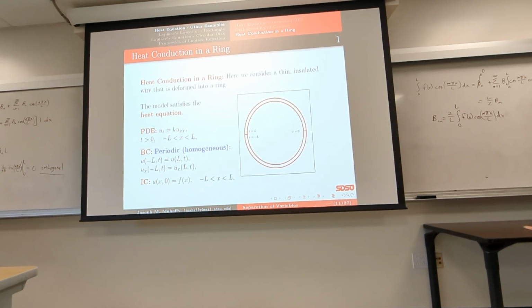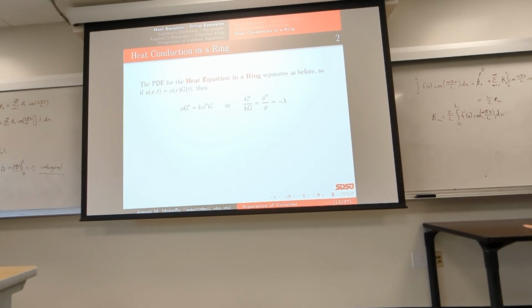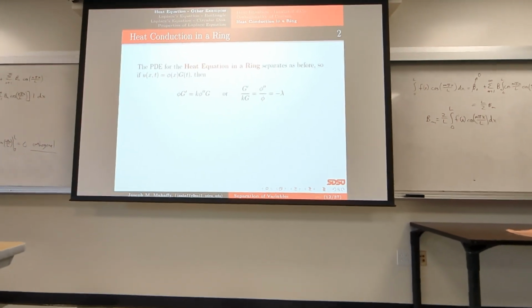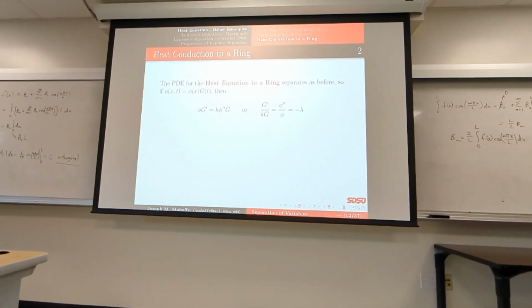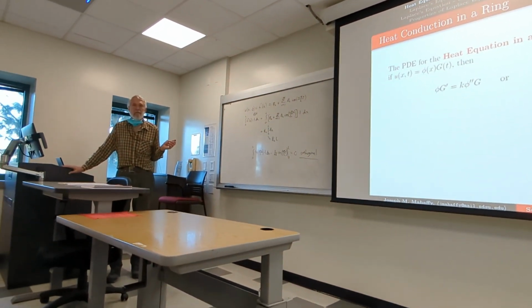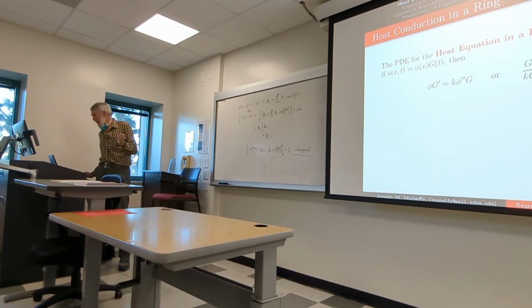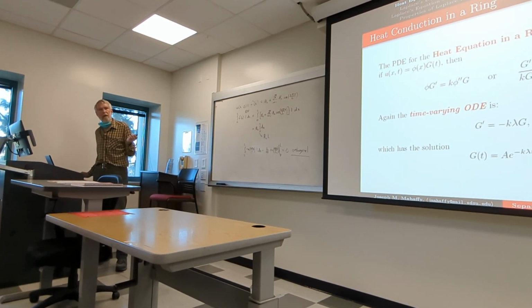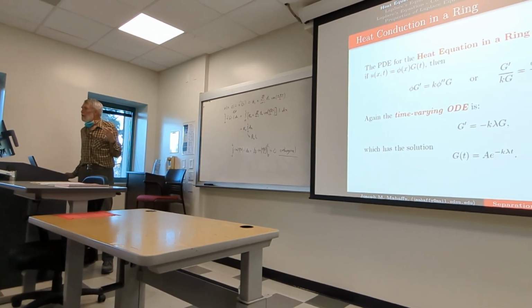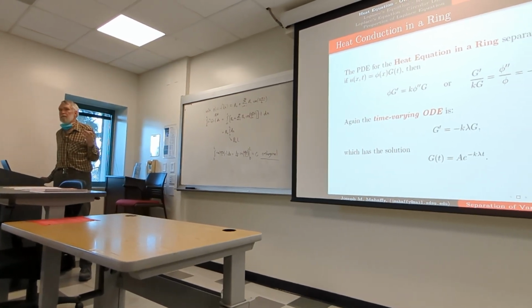Okay, so I'm not going to write all this down because it's pretty repetitious as to what we've done before. Heat equation hasn't changed, separation of variables hasn't changed. Okay. So, what's going to happen with that? Well, the time varying one, no change on that. Once again, we certainly hope that lambda is greater than or equal to 0.